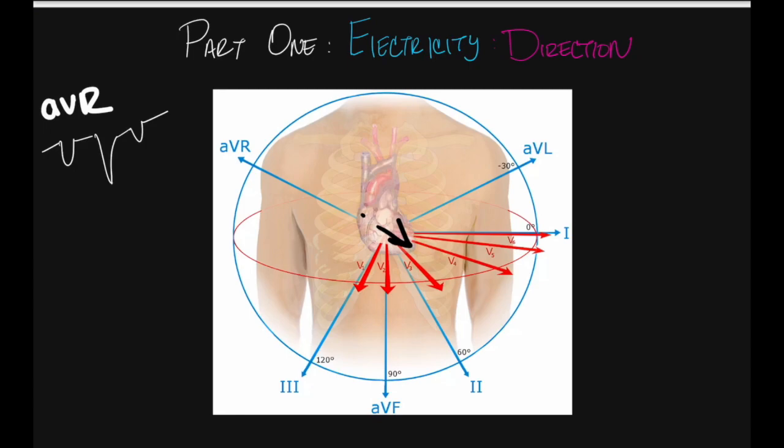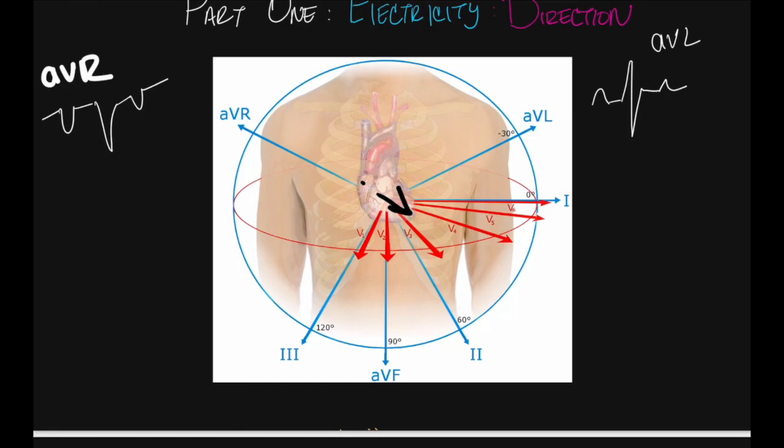We would see in AVL a situation where the electrical vector kind of passes by. So it's not uncommon to have a biphasic complex. And we see that in lead 3 it's pretty similar. A little bit more of a dominant R wave, but a little S wave because as that electrical vector moves past that lead towards the left ventricle, it gives you that isoelectric component.